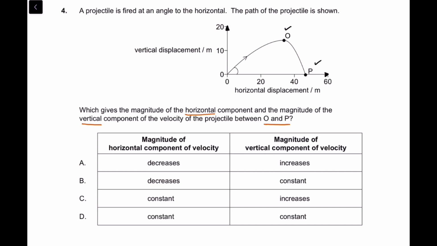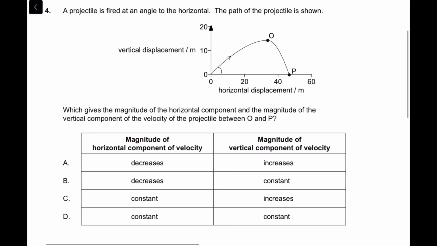So that means, see, this type of question may look difficult, but it's actually on the easier side if you just think about this question, right? So over here, see, between point O and point P, we have to consider the horizontal component and the vertical component of velocity, right?